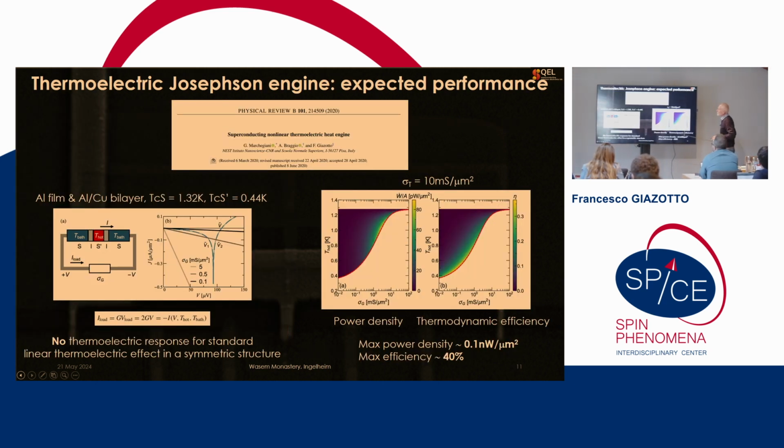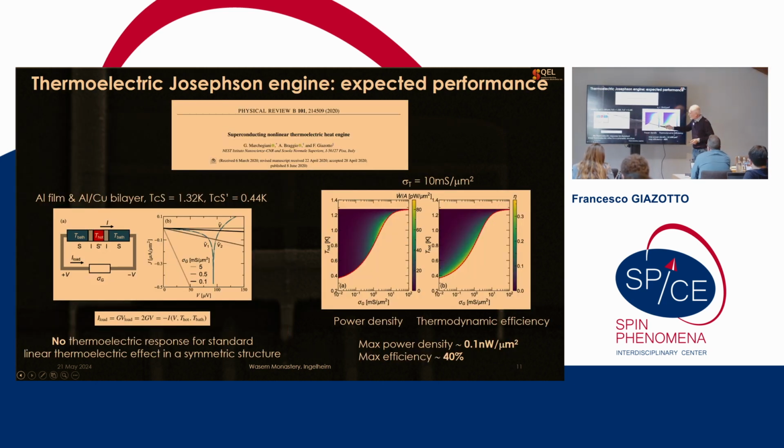So as I was saying, we think to combine, for instance, to realize a heat engine, no? In this way. So we have a two lateral S'IS junction, okay, where we have lateral cold superconductors with smaller gap, and the central one is a hot superconductor, and then we close this on a load, okay? And in the presence of this strong non-equilibrium, you see here, this is our curve.